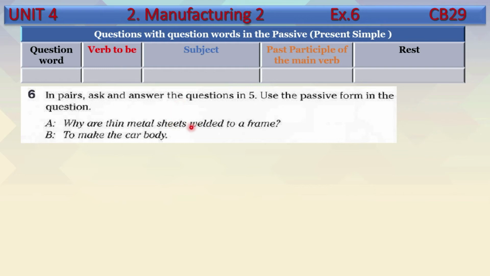Now, let's look at this question. For example, first we have why, which is the question word, the verb to be, are, the subject, thin metal sheets, and the past participle of the main verb, welded. Very good. And we can complete the question. Now, pause the video and do the task.